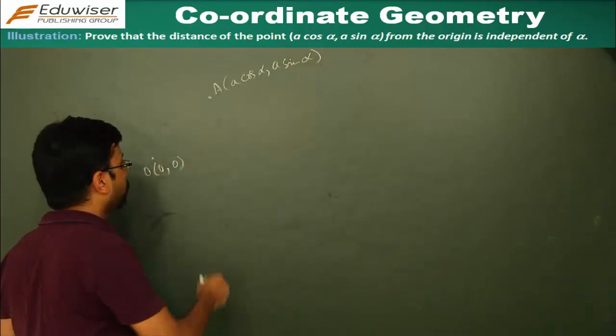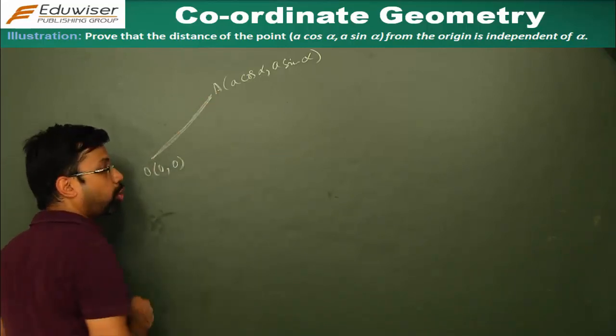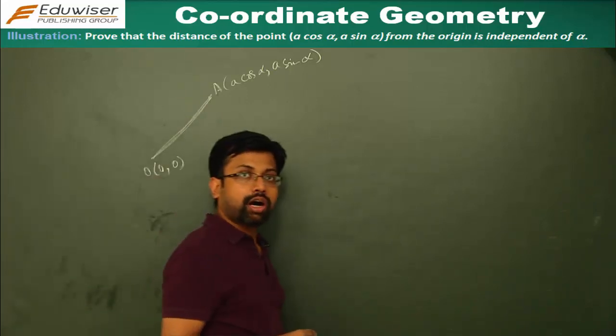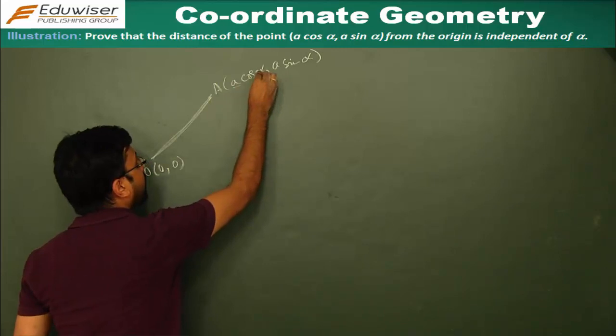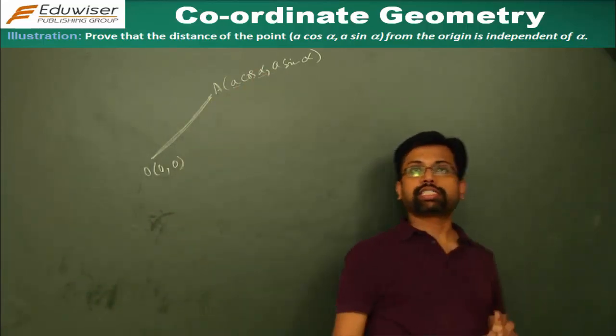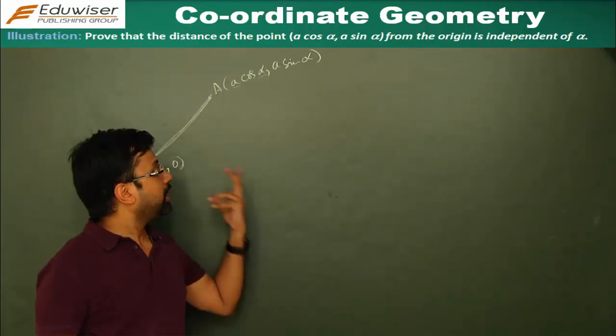And what do we have to do? We have to prove that the distance of this point A from the origin, that is OA, is independent of alpha. So you have two factors here. You have a and you have alpha. As alpha changes, the position of point A is going to change. As the value of a changes, the position of the point A would change.